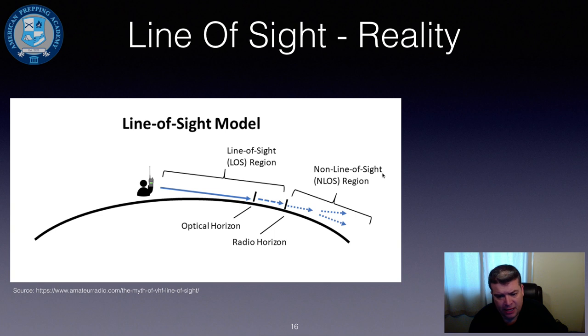Then you have the non-line of sight region, which is where you're going to start to see significant degradation as the radio waves continue to propagate. And so that's pushing out at the extreme limits of where your handheld's going to go. So, you can transmit further than you can see, but you just have to understand that the further you get out, the more degradation you're going to experience.